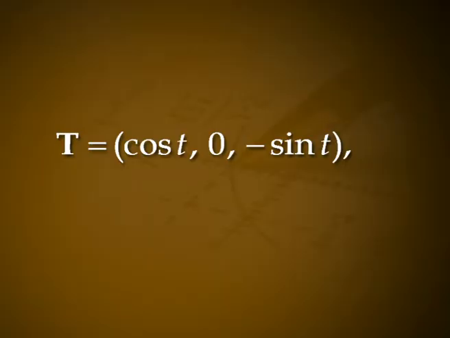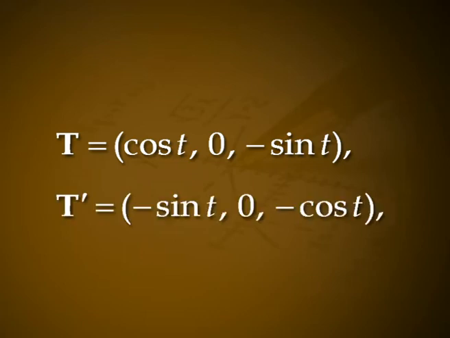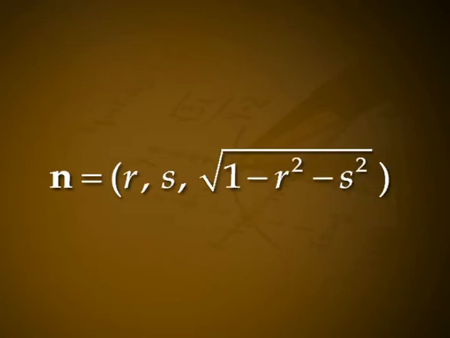T is equal to (cos t, 0, minus sin t). T dash is equal to (minus sin t, 0, minus cos t), and n is equal to (r, s, square root of 1 minus r square minus s square). At the point (sin t, 0, cos t), n is (sin t, 0, cos t).